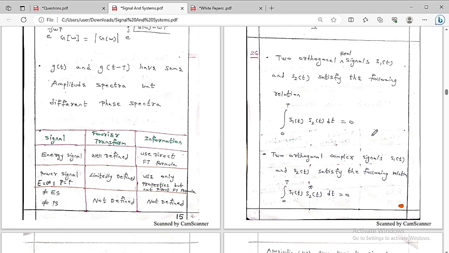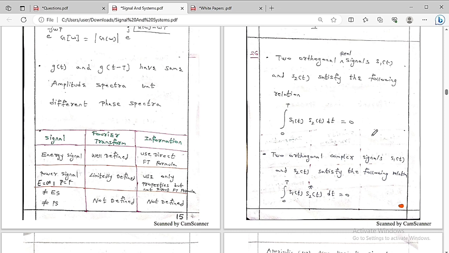Similarly, if there are two complex signals S1(t) and S2(t) that are orthogonal in a time period 0 to T, then the condition they satisfy is the integration from 0 to T of S1(t) times the complex conjugate of S2(t) dt is equal to 0.